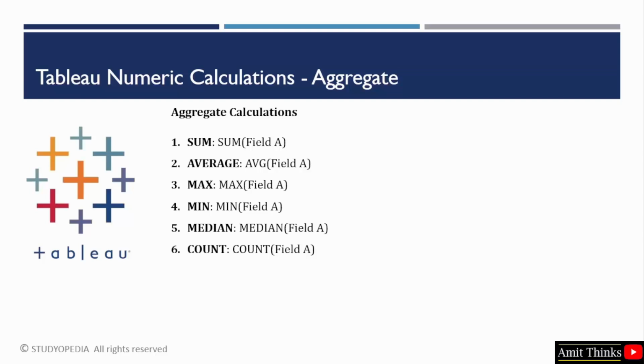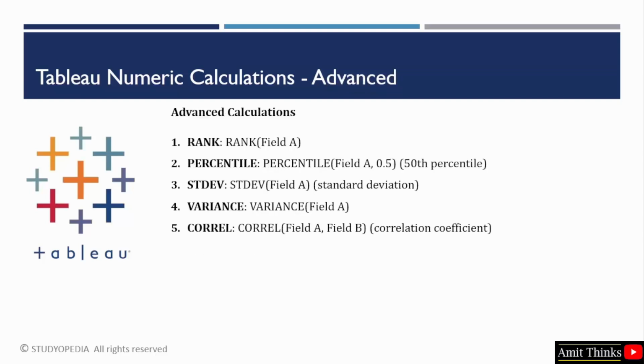Similarly for minimum, you can use the min. Then comes your advanced calculation. You can get the percentiles, the standard deviation, variance, the correlation coefficient with these calculations. The rank of a field in Tableau means to assign a rank for each value within a particular field based on the ordering of values in that field.